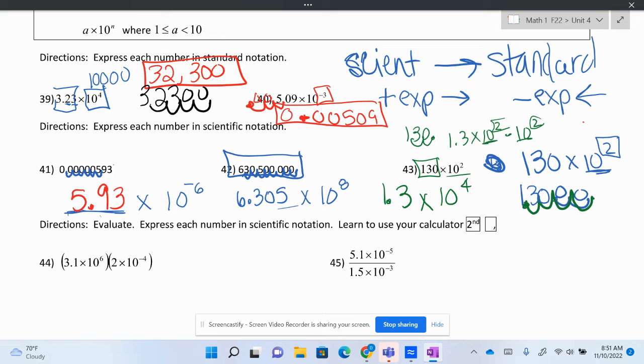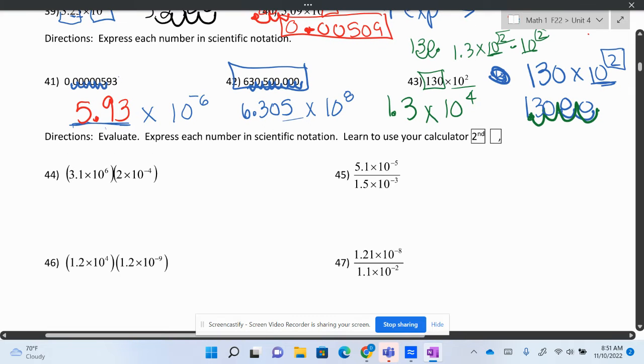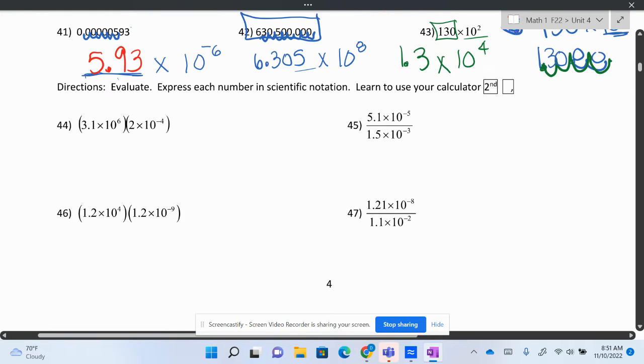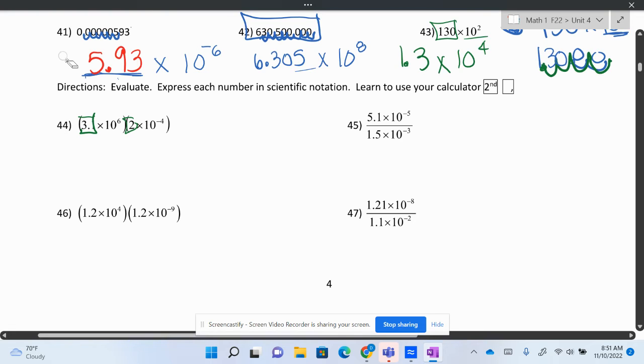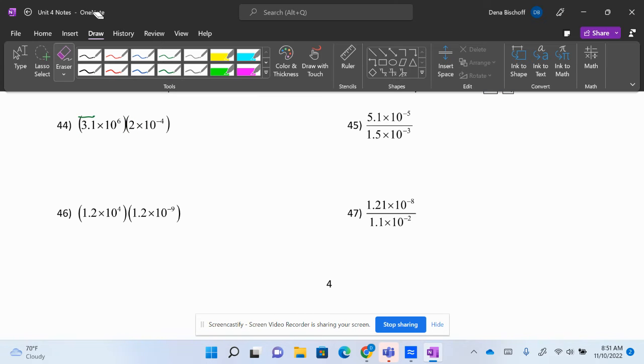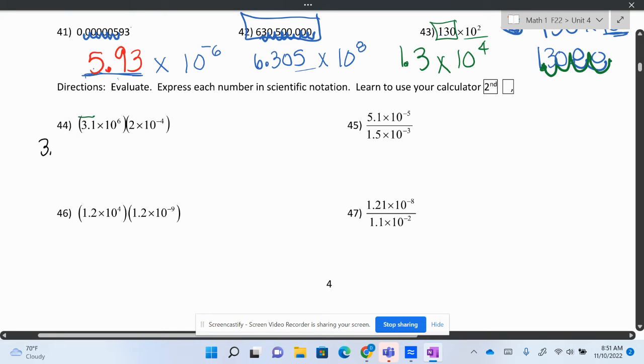When you evaluate powers, you deal with the constants first. Like when you evaluate stuff in scientific notation, you deal with the constants, and then you deal with the base 10 numbers. So this just says, take 3.1 and multiply it by 2.